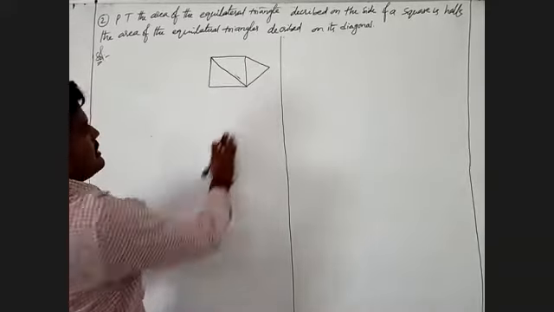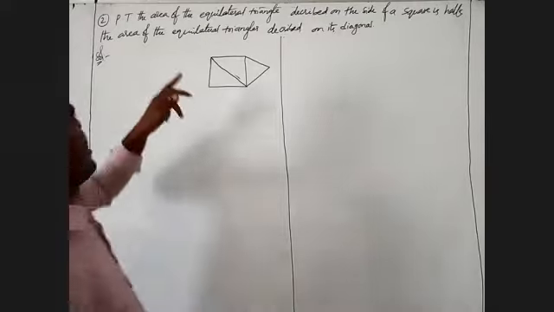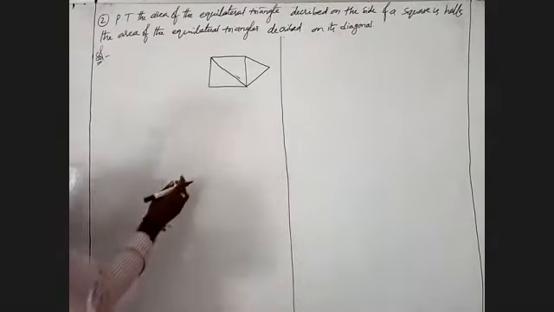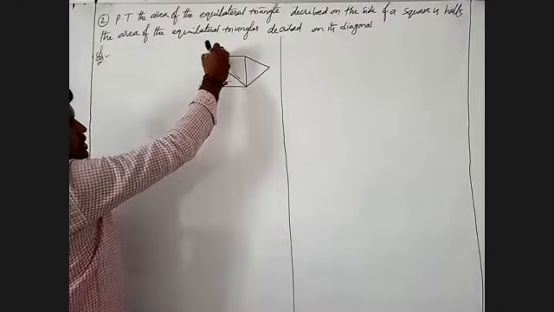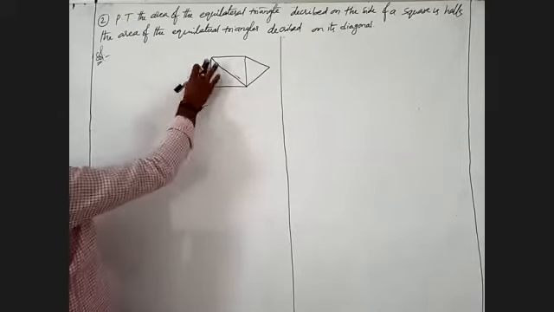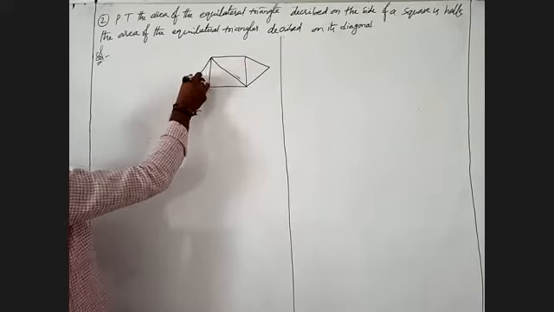Once again I will explain this one. Half the area of an equilateral triangle described on its diagonal. We will take one equilateral triangle.